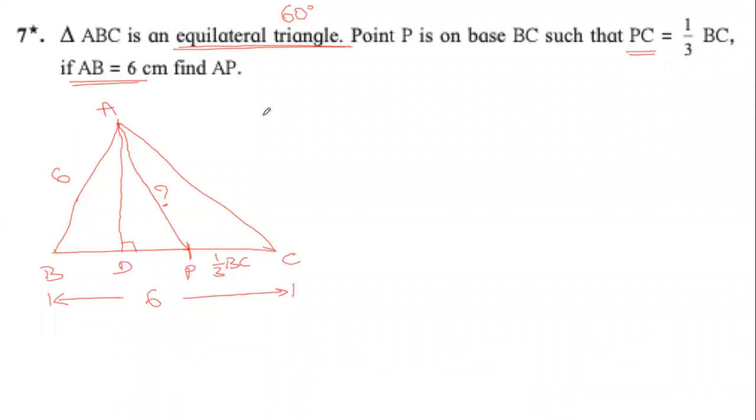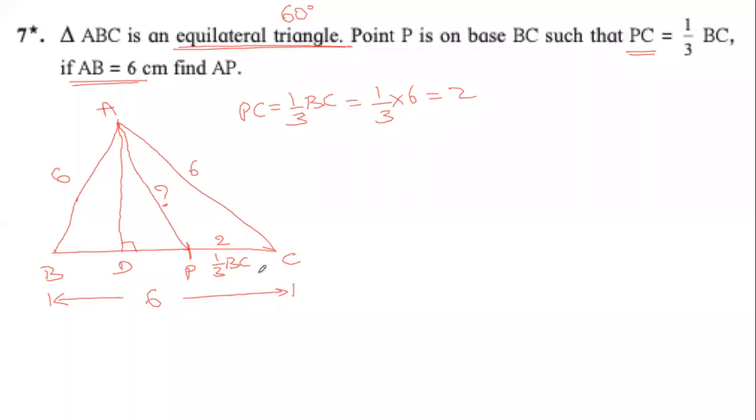Yes, we can, because PC equals 1 by 3 BC. We know BC equals 6, so PC equals 1 by 3 into 6 equals 2. Tell me now, what will be the length of the side AC? 6 centimeters. Louder, please. 6. Correct, Karthik. 6 centimeters, because it is an equilateral triangle.